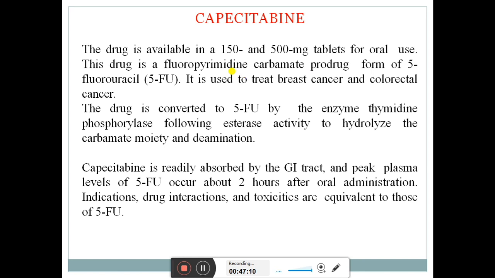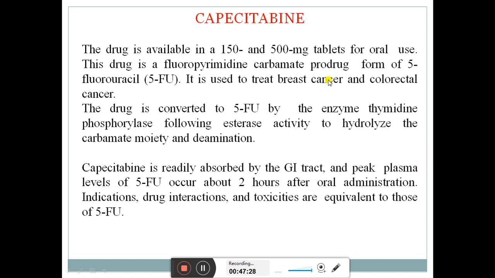So it's a fluoropyrimidine carbamate. It forms 5-fluorouracil. Okay, and the rest of the things are obviously similar to that of 5-fluorouracil.